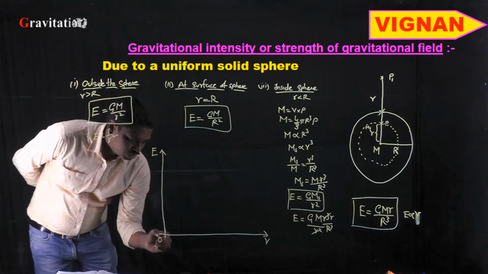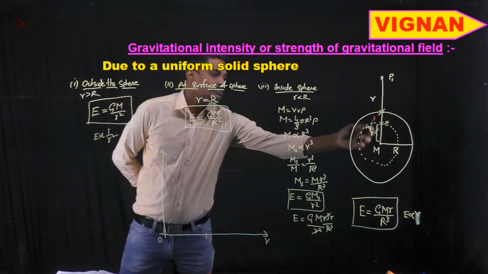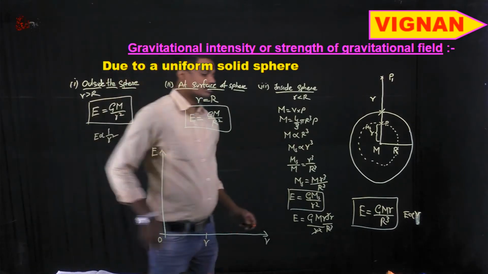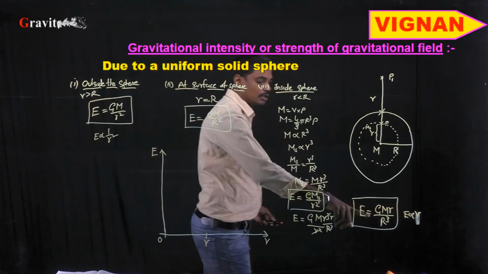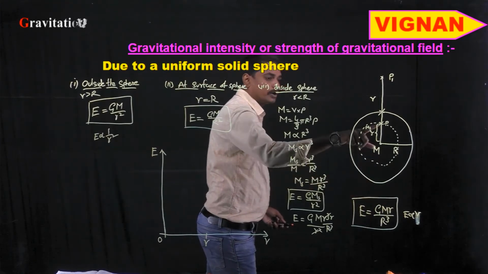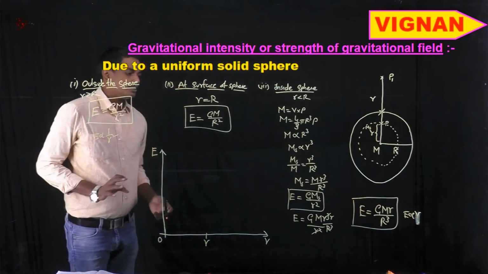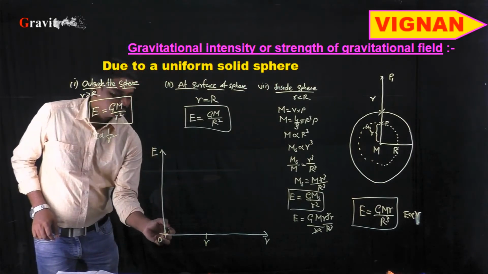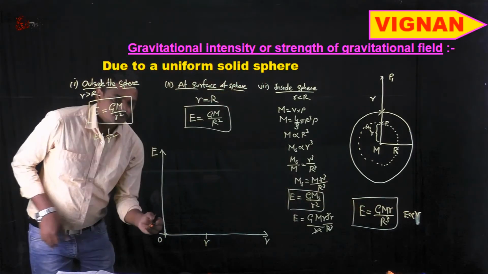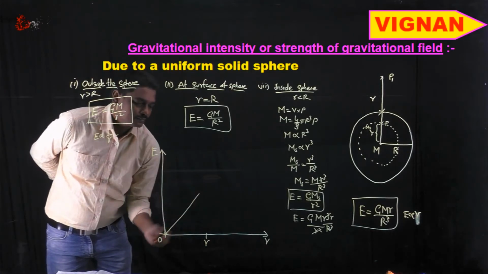So from 0 up to the surface, that is r is equal to capital R, E is directly proportional to r. As small r is 0, meaning the point is at the center of mass, the intensity of the gravitational field will be 0. From there onwards, E is directly proportional to r, so it is linearly increasing in this manner.